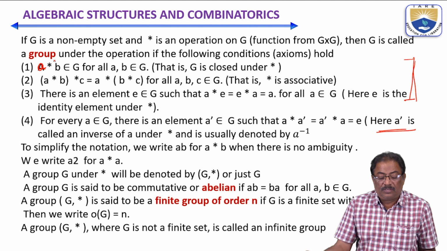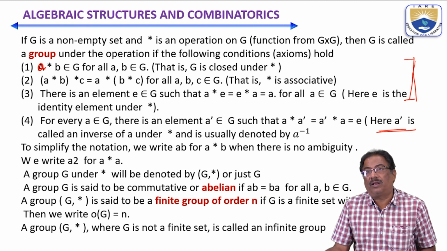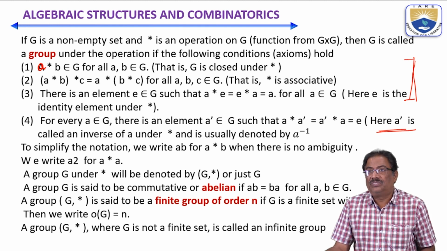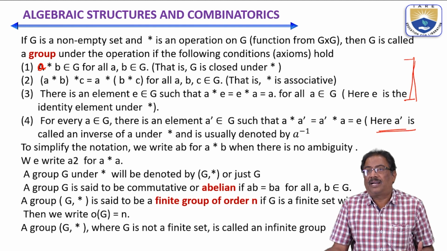So A star B belongs to G for all A, B belongs to G, and A star B star C is equal to A star B star C for all A, B, C belongs to G. It is associative, has an identity, and every element has its inverse. Then any non-empty set which satisfies all four properties under the binary operation star, we can say that it is a group.